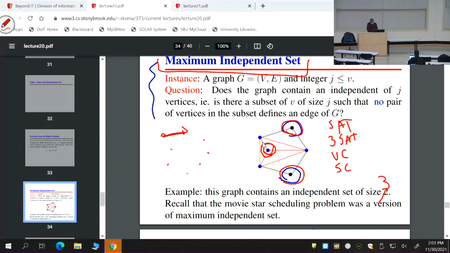Which one of these problems, if they're going to be my candidate Bandersnatches, which one of these smells most like maximum independent set? Do any of these problems smell more like maximum independent set to you than another?